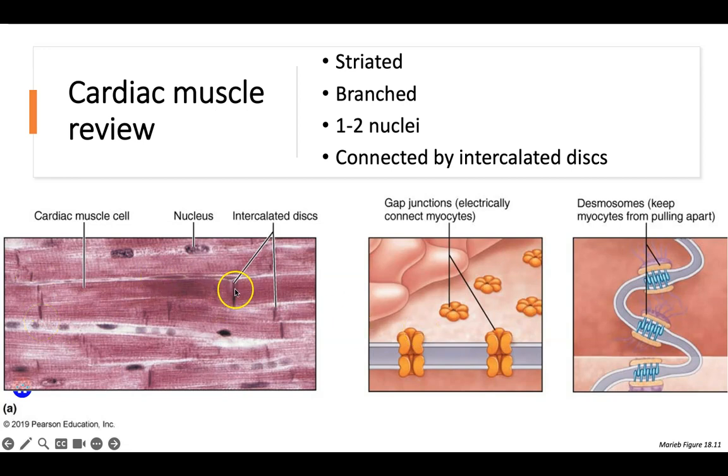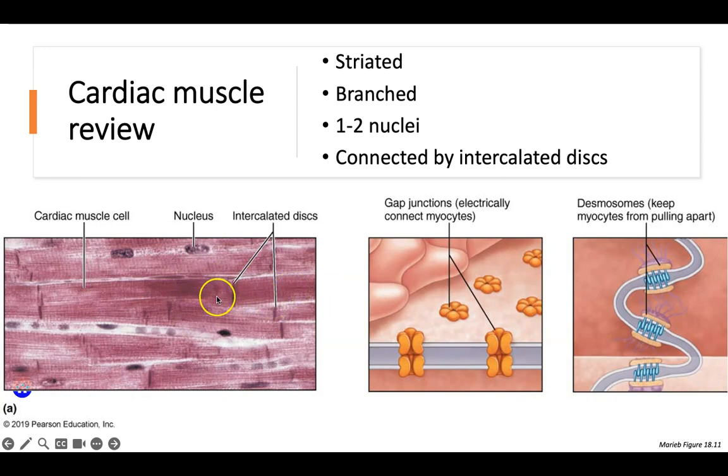This is actually the joining of two adjacent fibers, and when you look closely at the intercalated discs, you're going to see a couple of major structures. First off, we're going to see gap junctions. These are basically pores that allow for things like ions to move directly from one cell to the adjacent cell. This means that when one cardiac muscle cell is depolarized and has an action potential, that's going to immediately travel, because that's all based on ions flowing.